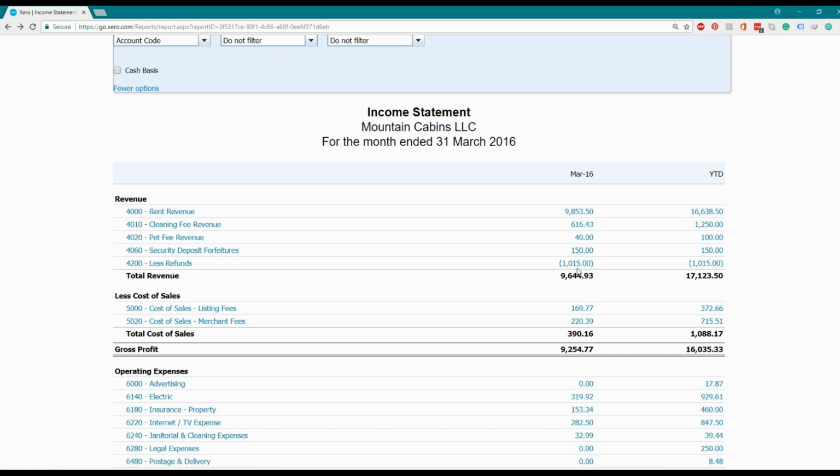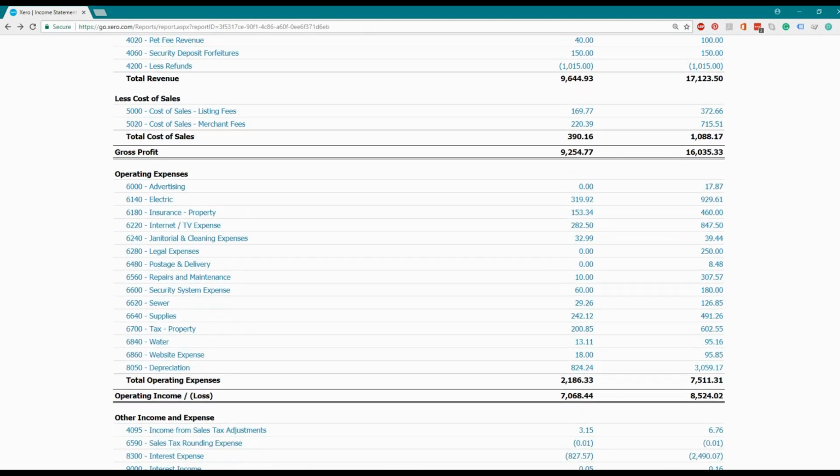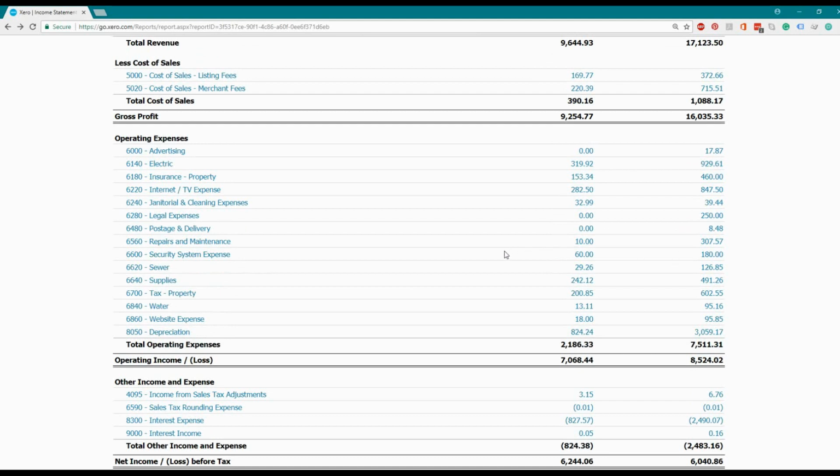All right, under cost of sales, we mentioned if you have a person you pay to clean, we would most likely put that there. Under operating expenses, you might have automobile expenses, if you have to travel to a rental that's a distance from your house. You may have bookkeeper and accountant fees that you have to pay. Those will be included here. If you rent office space, you might see a section for rent on here.